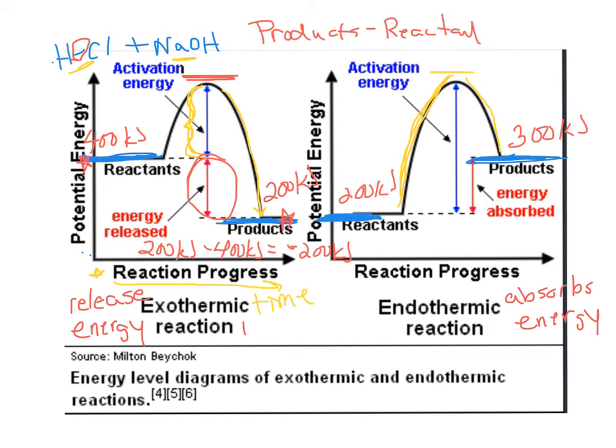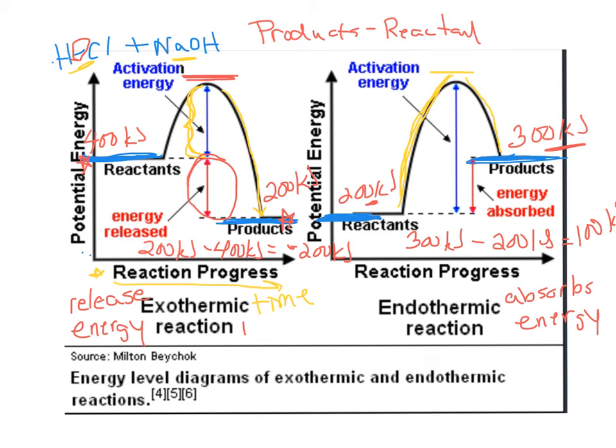Using the same formula that we used up top, products minus reactants, we can look at this potential energy graph and say, okay, 300 kilojoules, because this is the energy of our products, minus our potential energy of our reactants, which we said was 200 kilojoules, is a net difference of 100 kilojoules.